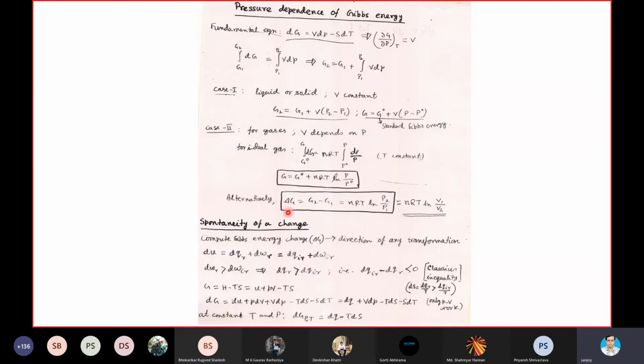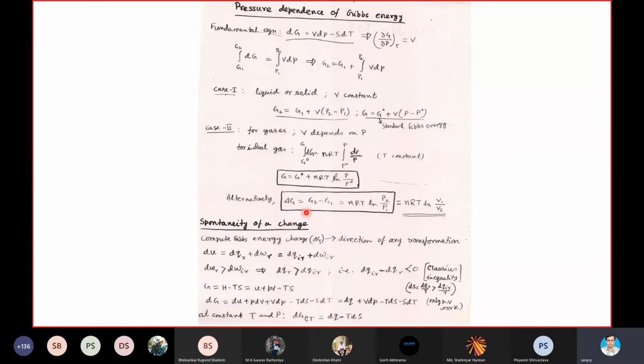Since you know G, similarly you can find out delta G. Delta G will be simply G2 minus G1, so that will be nRT log P2 by P1. Suppose the two pressures are P2 and P1, then you'll be able to find out the Gibbs energy change at two different pressures. Since pressure is inversely proportional to volume, it can also be written as nRT ln V1 by V2.